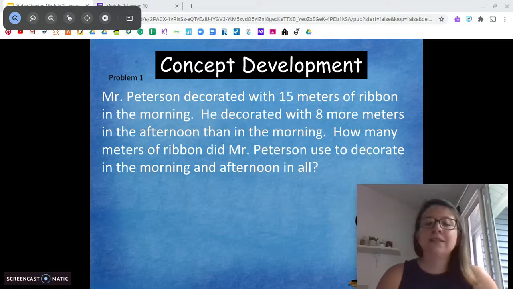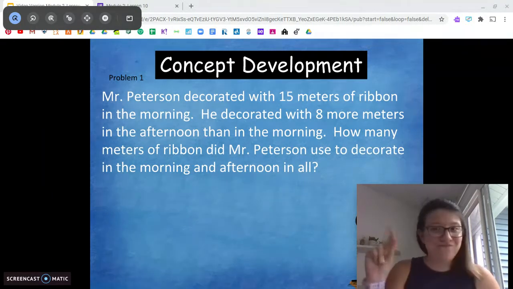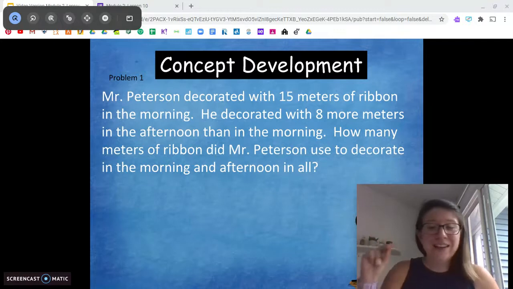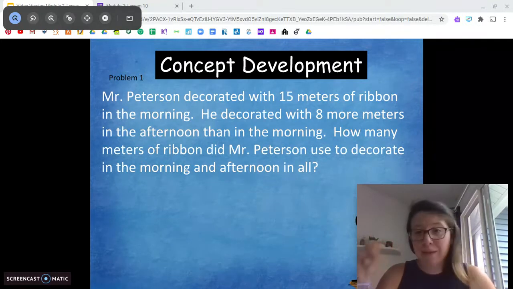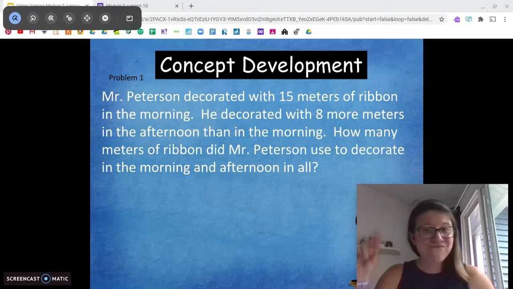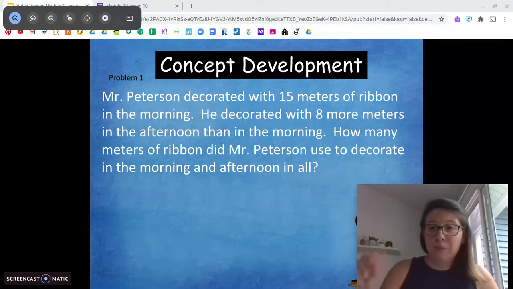Does that sentence tell us exactly how much ribbon he used in the afternoon? It does not. Does it say he decorated with 8 meters of ribbon in the afternoon? No, he decorated with 8 more meters. More meters in the afternoon than in the morning.